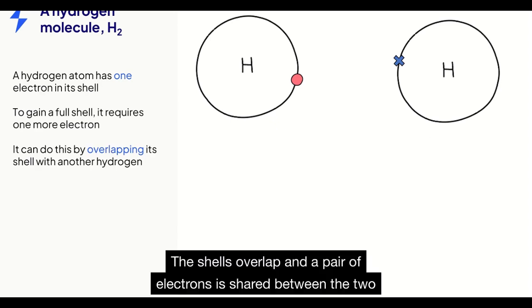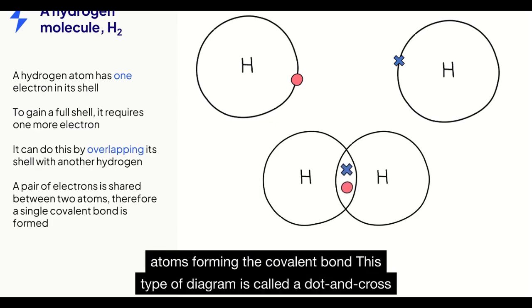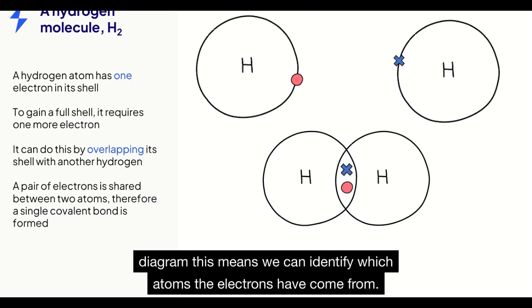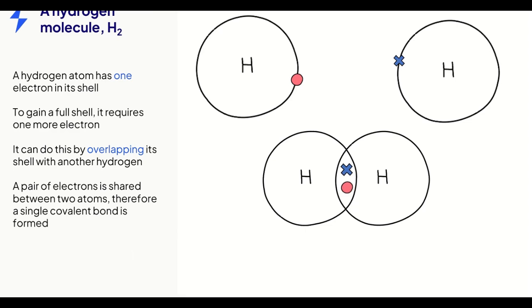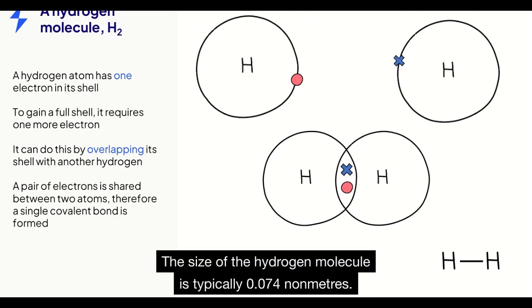The shells overlap, and a pair of electrons is shared between the 2 atoms, forming the covalent bond. This type of diagram is called a dot and cross diagram. This means we can identify which atoms the electrons have come from. The covalent bond is represented by a line between the 2 atoms. The size of the hydrogen molecule is typically 0.074 nanometers.